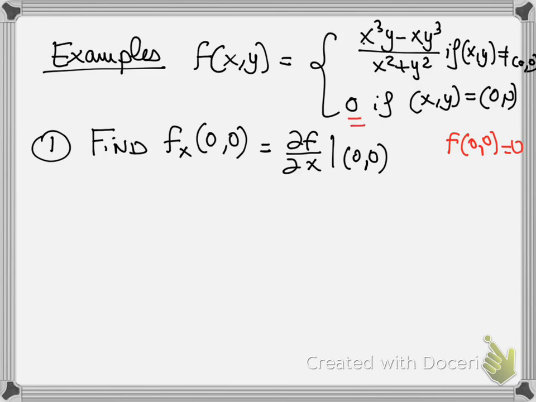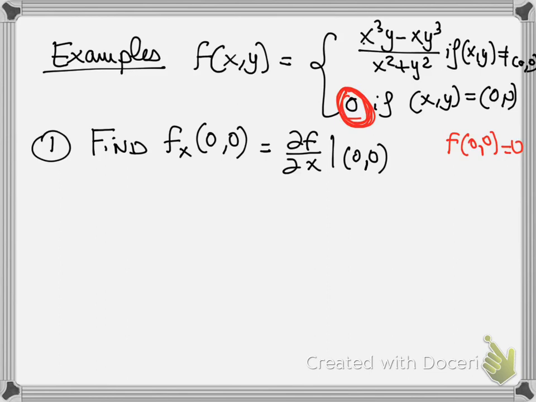But it's not because f of 0, 0 is 0 that you can just take the derivative of 0 and say, well, the derivative of 0 is 0, so this partial derivative of f with respect to x at 0, 0 would be 0. That's not true. You cannot just derive the value of the function at the point. It's not possible here.